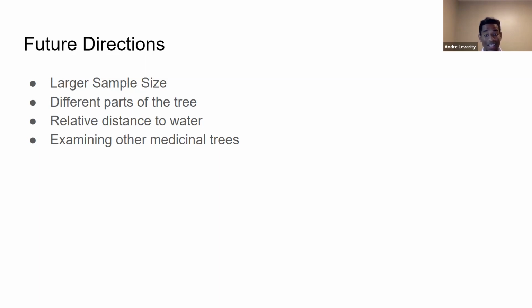In the future, I would like to develop this project and use a large sample size. But to do that, you need a lot of people, a lot of hands, because it takes time to separate the bark, run these things and let them sit. It takes a lot of time.